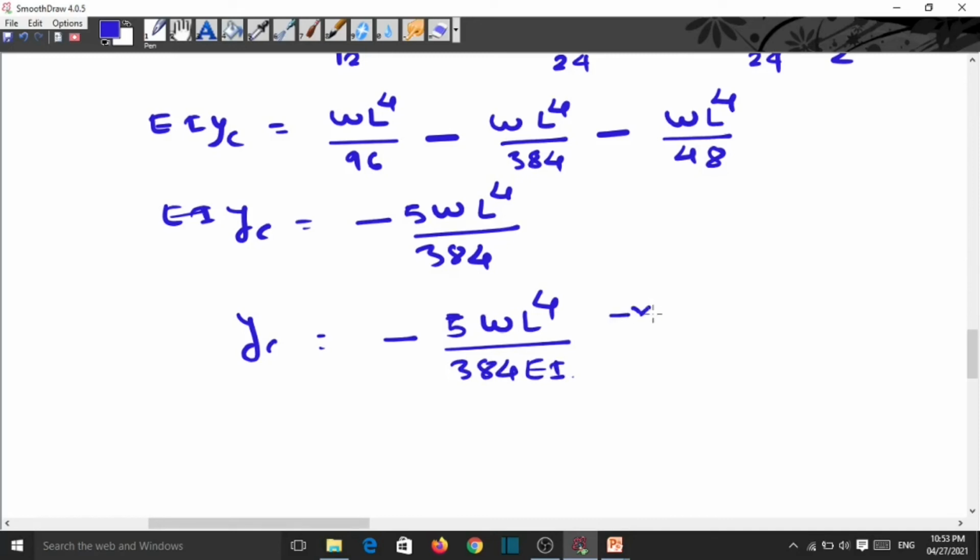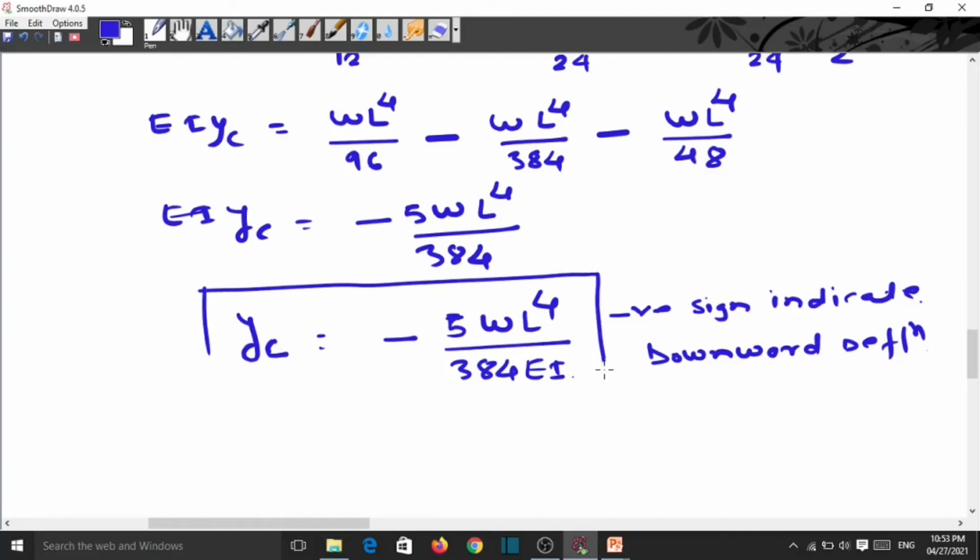Here the negative sign indicates a downward deflection. So this is our final answer, the deflection at the center. Thank you.